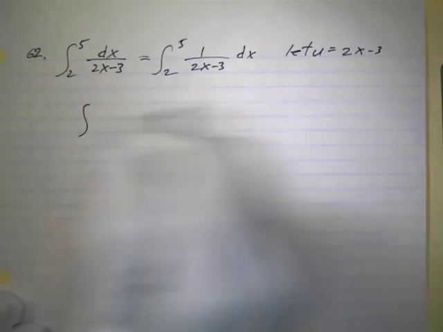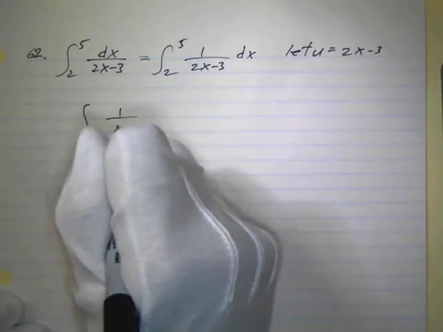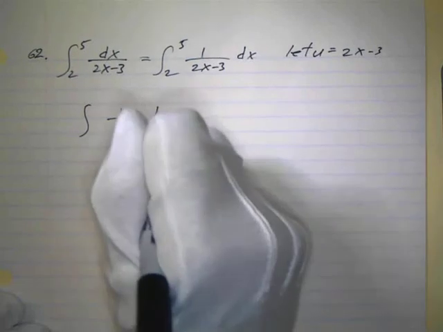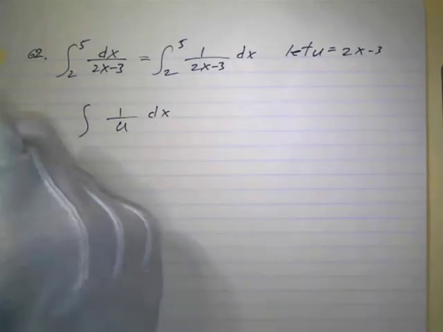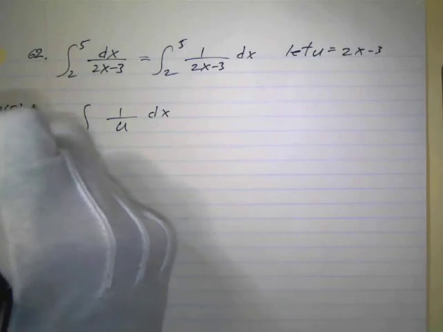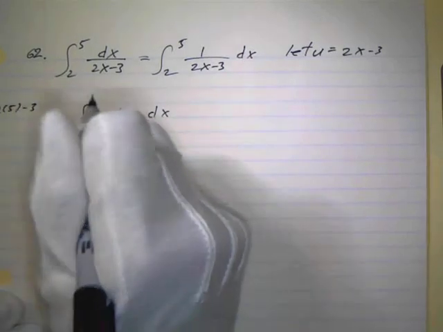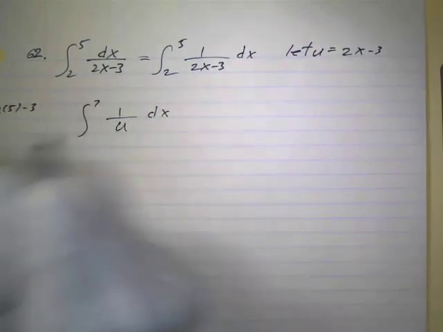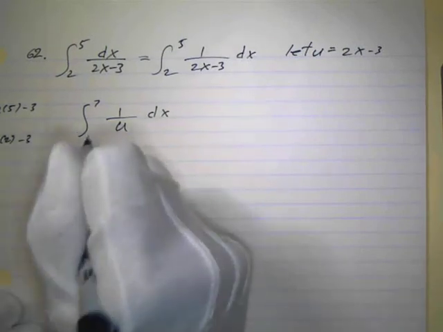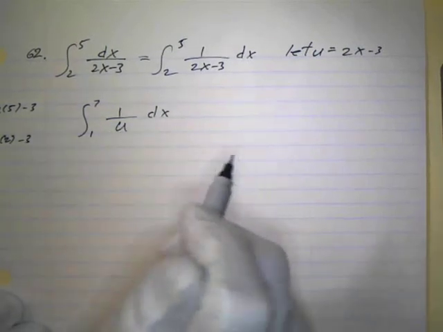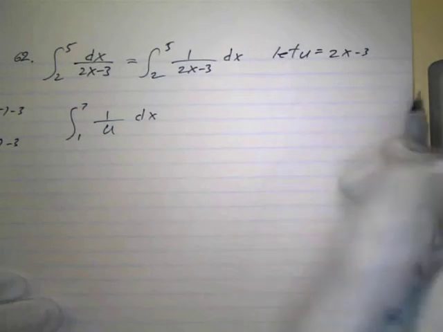And I'm going to have 1 over u dx. And then 2 times 5 minus 3 is 7. And then 2 times 2 minus 3 is 1. So those are my new limits.